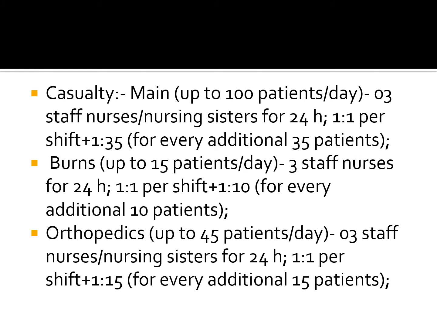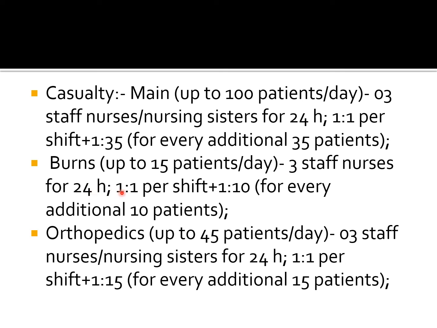Coming to main casualty, where there is a turnover of 100 patients per day, nursing sisters must be available 3 for 24 hours. Then 1:1 staff patient ratio in a shift plus 1:35 for every additional 35 patients. In burns unit, that is up to 15 patients per day, there must be 3 staff nurses or nursing sisters for 24 hours.